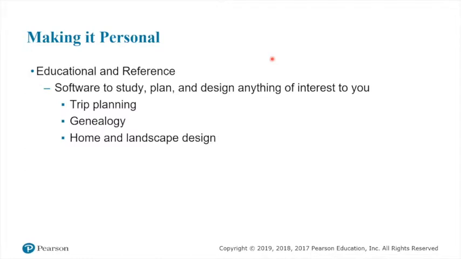Of course, there's a plethora of other educational and reference programs, software to study, plan, and design really anything of interest that you might have. Trip planning software, for example, genealogy software is very popular, as well as home and landscape design software for consumers are all available.